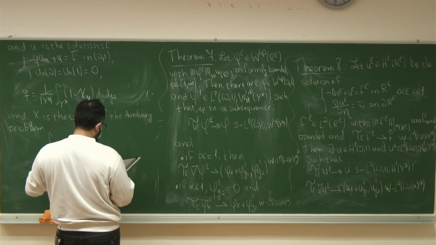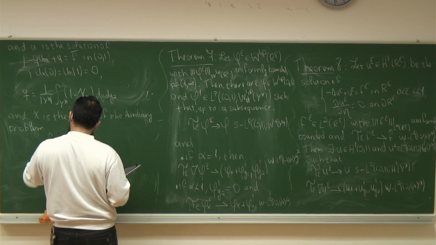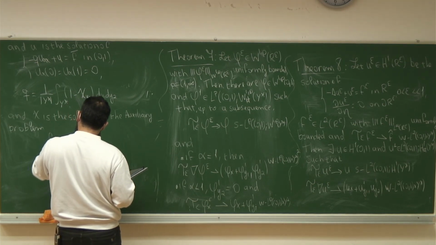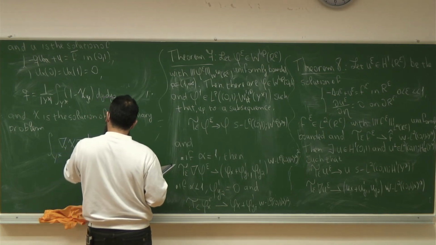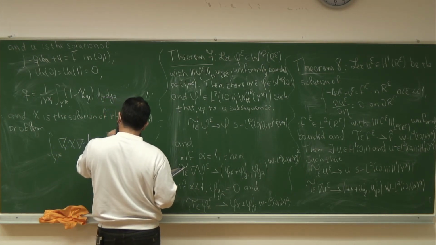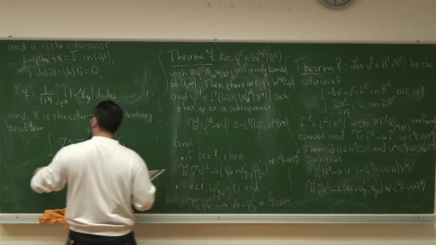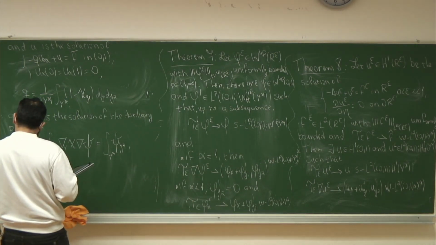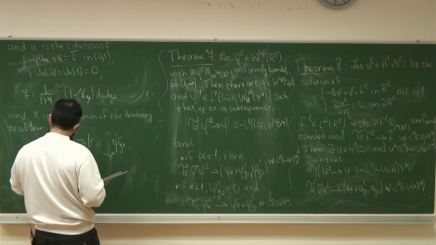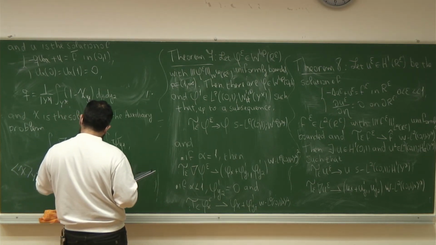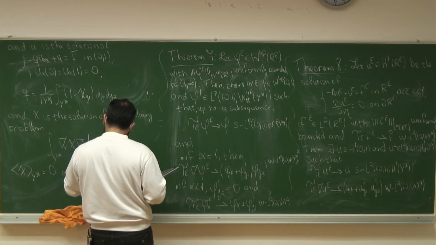Here I will put in the weak formulation, okay? Of X. So the average of X in the cell is 0 and psi is here.